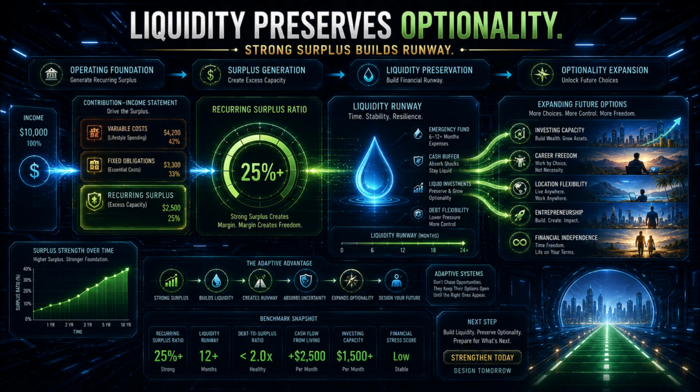But recurring surplus alone is not enough, because surplus only becomes strategically powerful if the system also preserves liquidity runway. And that is where the next dimension takes us. In the next episode, we'll examine liquidity runway benchmarking. We'll explore emergency runway targets, liquidity stress thresholds, uncertainty absorption, time flexibility, and why liquidity may be one of the most underestimated forms of optionality in the entire financial system.